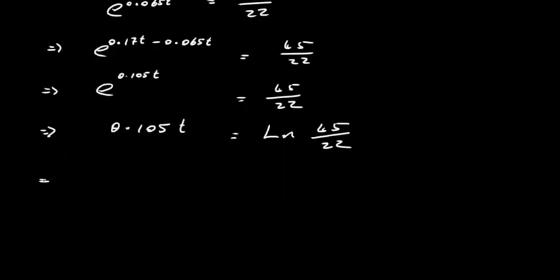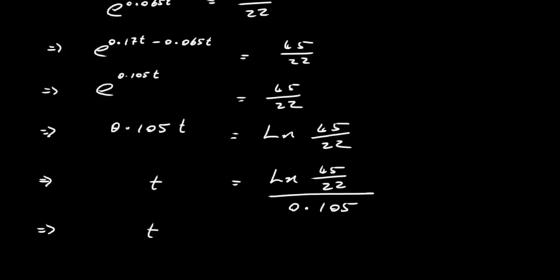The second last step then is just to divide both sides by 0.105. When you do that, you'll get t is equal to 6.8. That goes on for a while as well.